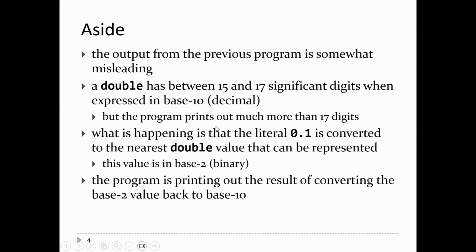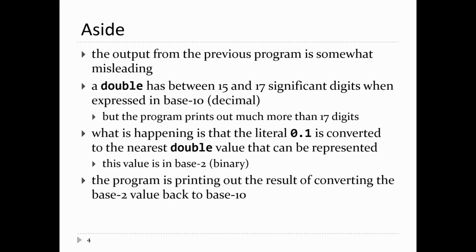So what's actually happening here is that when I write the value 0.1, it gets converted to the nearest double value that can be represented. So 0.1 cannot be represented exactly on your computer, not using a double anyway.